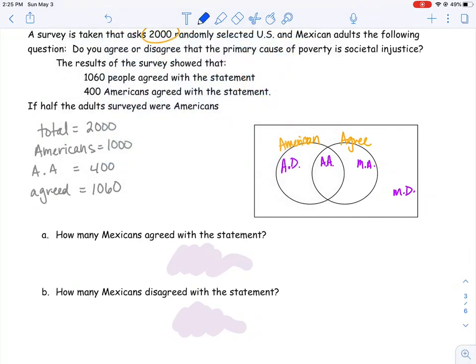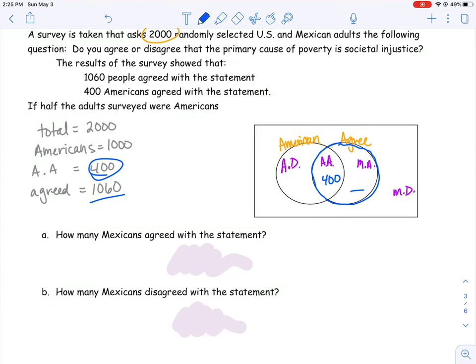Maybe we need some numbers here first. So how many Americans agreed in the middle bubble? 400, right? 400 Americans agreed. Now, how many agreed total? Well, wasn't that 1,060? And these are all the people that agreed? Well, if 1,060 people total agreed, now be careful, I can't put 1,060 in here because I already have 400 people in that bubble.